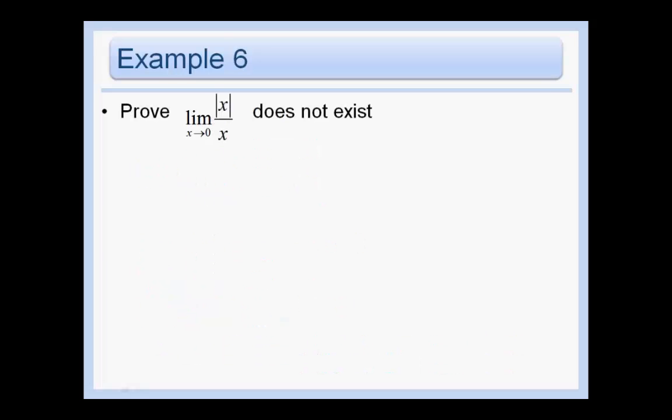Now let's try and prove that the limit as x approaches 0 of the absolute value of x over x does not exist. So let's go ahead and look at our piecewise definition again of the absolute value of x. Let's just write it there for reference. Okay, so now let's again look at the limit from the left and from the right.